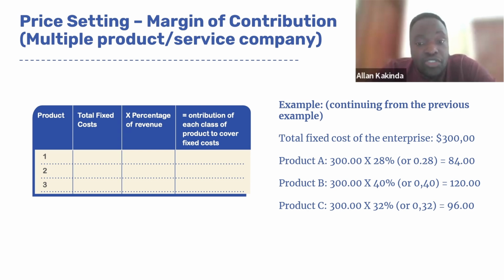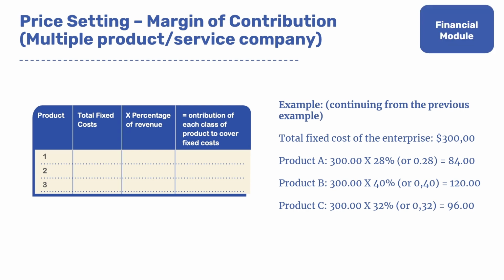So multiply each of these figures by the $300. So you get the contribution for product 1 or A becomes $84. The contribution for product 2 is $120. And the contribution for product 3 is $96.